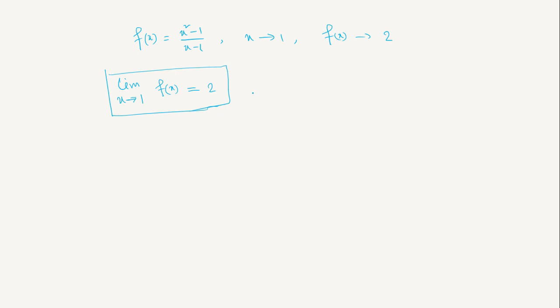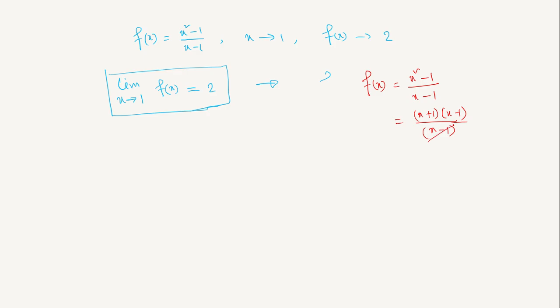We can also simplify this calculation by simplifying the function f of x. We are given f of x equals x squared minus 1 by x minus 1. So we can rewrite this as x plus 1 times x minus 1 over x minus 1.